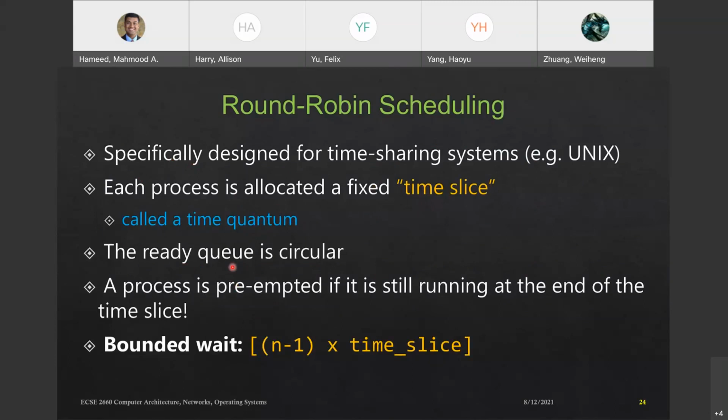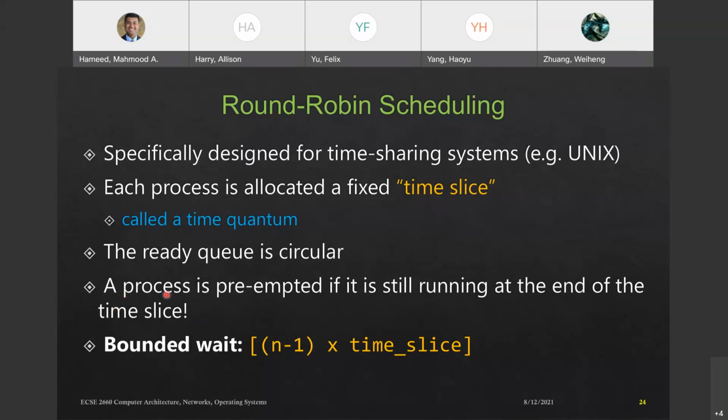So you're going in a circle, work for P1 for 20 milliseconds, next 20 milliseconds, next 20 milliseconds, and so on, and then come back in a circular queue. A process is preempted if it is still running at the end of the allotted time slice.